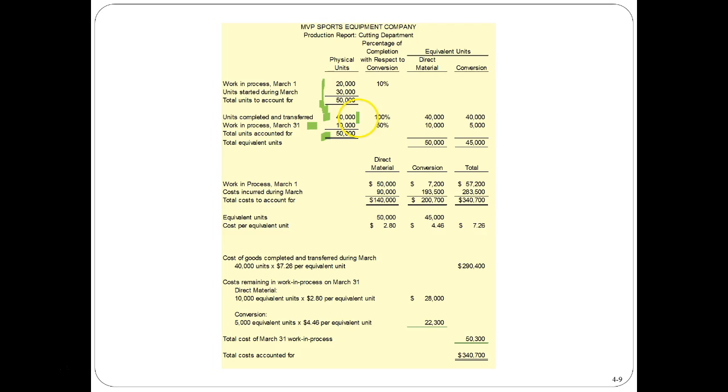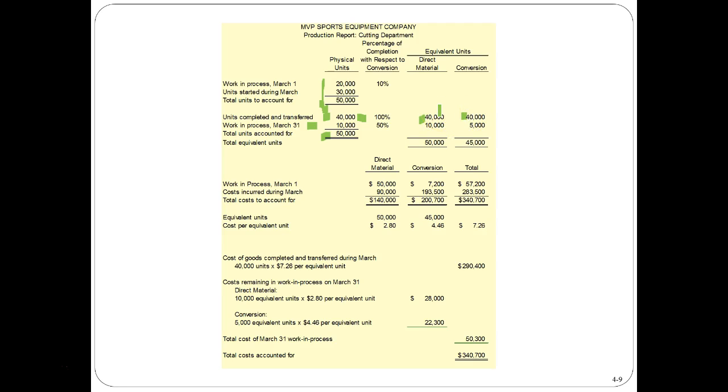And we're going to assume that these units, because of the weighted average method, were started and completed. Or we can assume that it averages out, so we can make that assumption that they were started and completed. Therefore, we're going to make the assumption that the direct materials were totally started and completed during this period, and the conversion was totally started and completed.